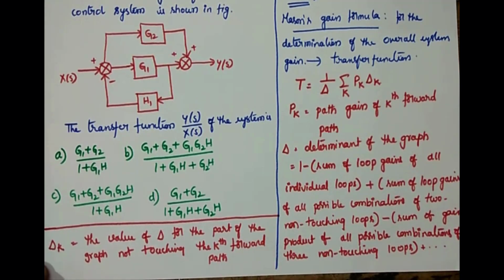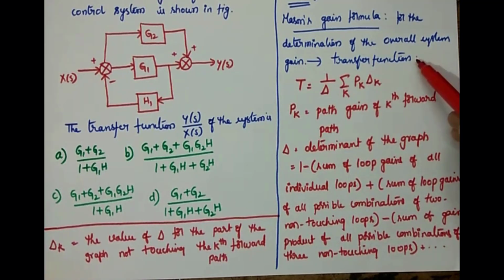Okay, let me explain Mason's gain formula. It is used to find the gain of the given system, and that gain is also called the transfer function.